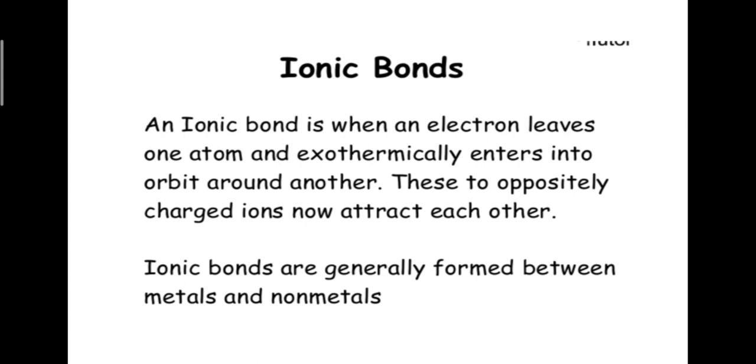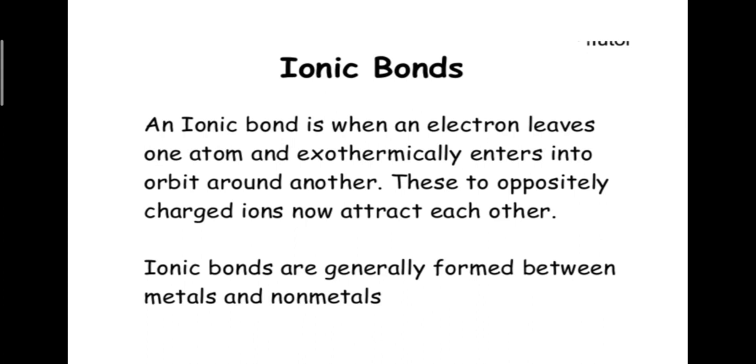But in covalent bond, there is a sharing of electrons. This is the basic difference: in ionic or electrovalent bond, there is a transfer of electrons from one atom to another atom, and in covalent bond there is a sharing of electrons.